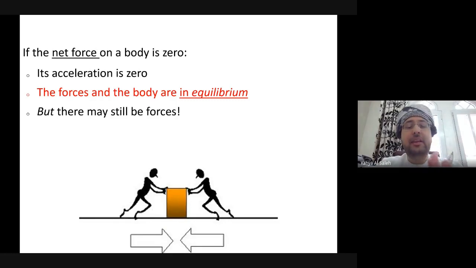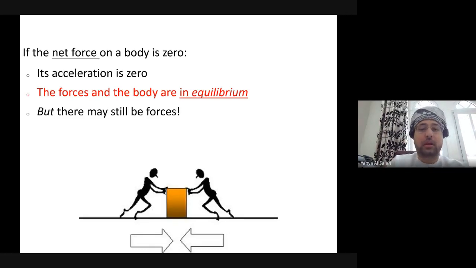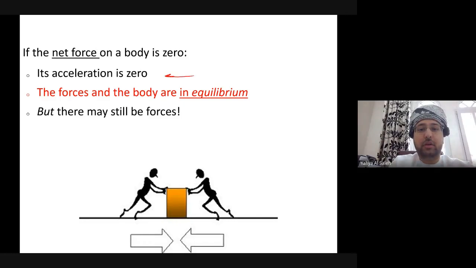Now, if the net force on a body is 0, we start with the simplest thing. A body has no forces on it. Its acceleration is 0. Be very careful, because what it says here is acceleration is 0, not velocity is 0. So it is very, very possible that something would be moving and still have a net force of 0 on it.